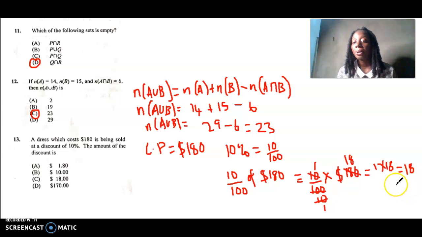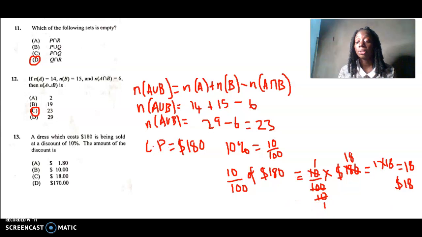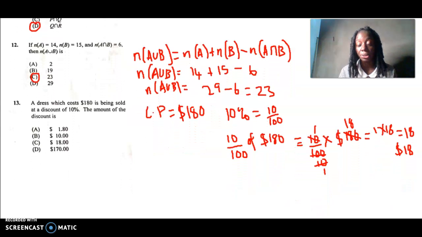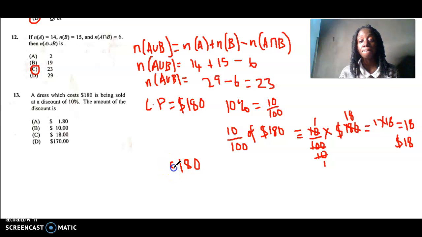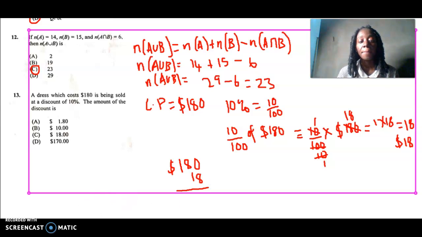All right, so remember now that 18 is not the answer. 18 is the discount. It simply means that I will subtract 18 from the original amount. So here we go. So if our cost price, or the price on the tag I should say, is 180, and I know that this will be reduced by 18, my apologies.